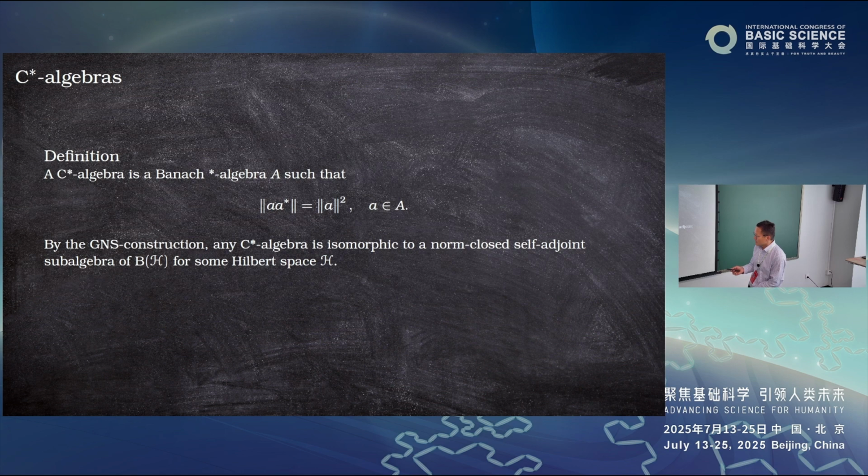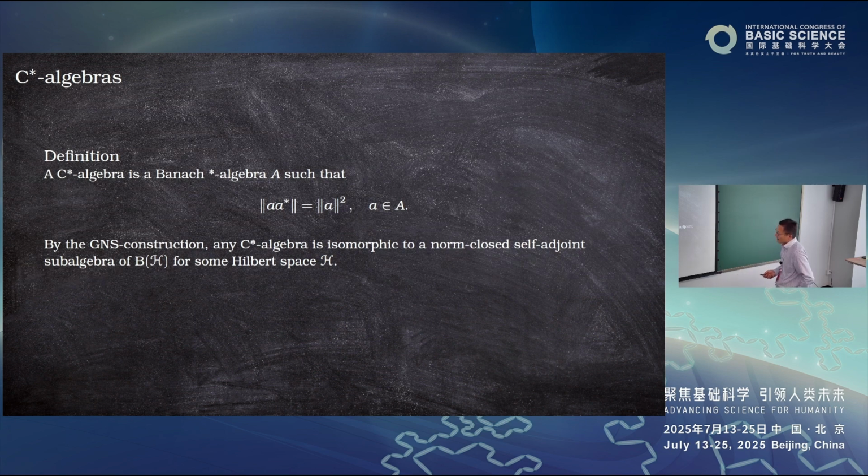So concretely, a C-star algebra is an algebra of bounded linear operators on some Hilbert space. But in general, if you start with an abstract C-star algebra, then the choice of this Hilbert space is highly non-canonical or highly non-unique.